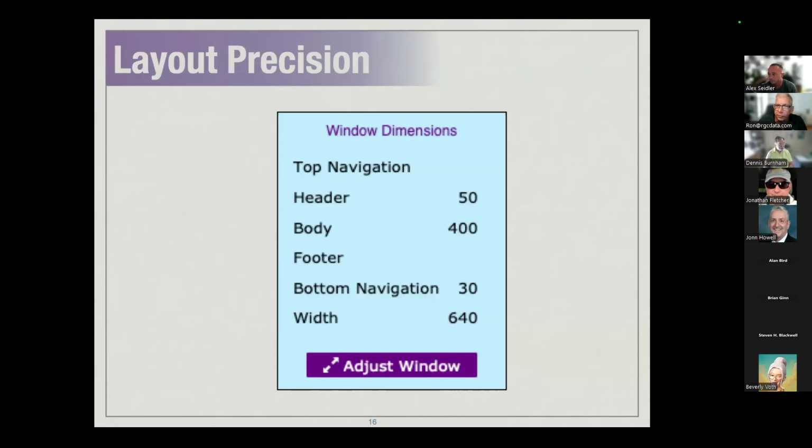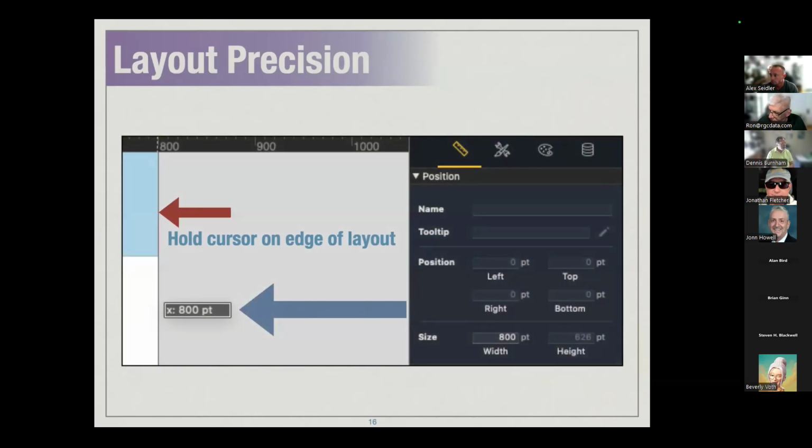And if anything happens to change, I can always go back to this to refresh my recollection of what I wanted them to be. That often happens if I'm making a duplicate of a layout and having to make some changes to it.